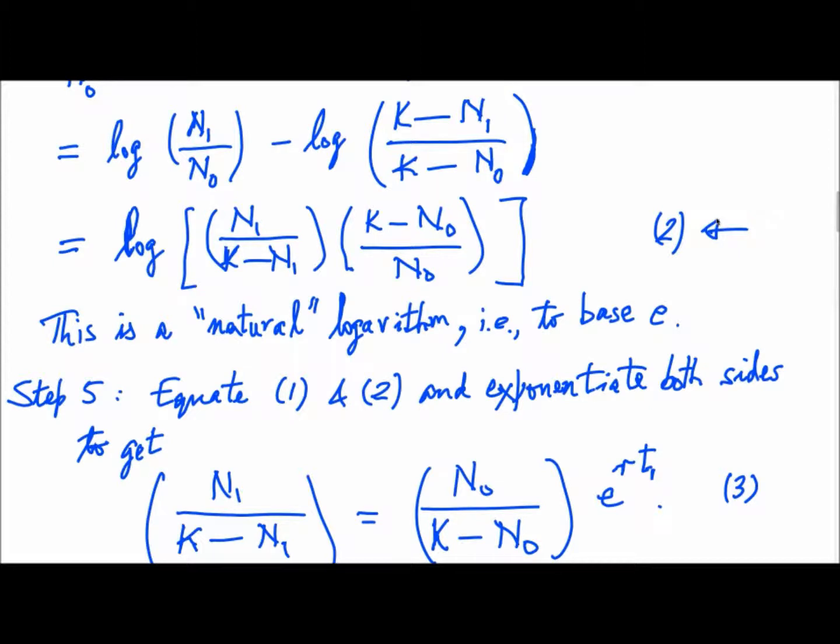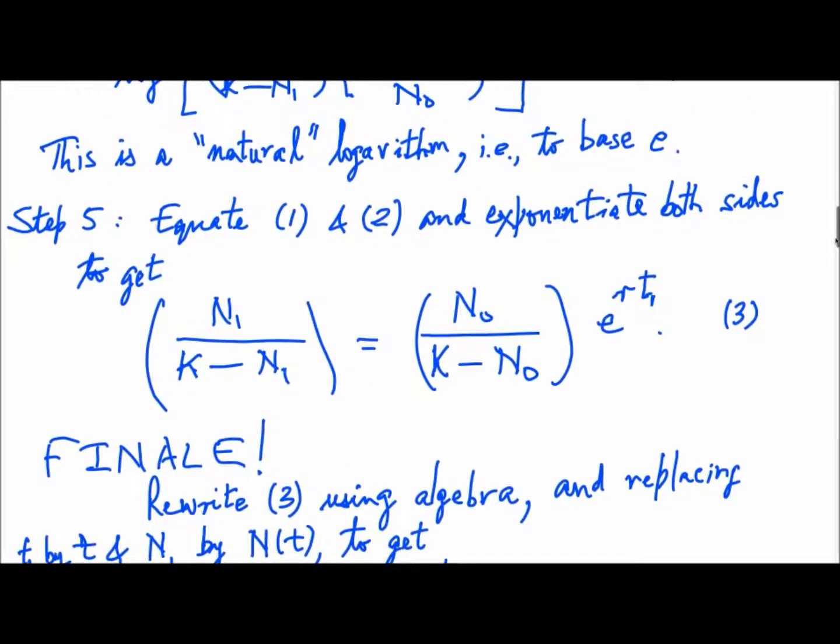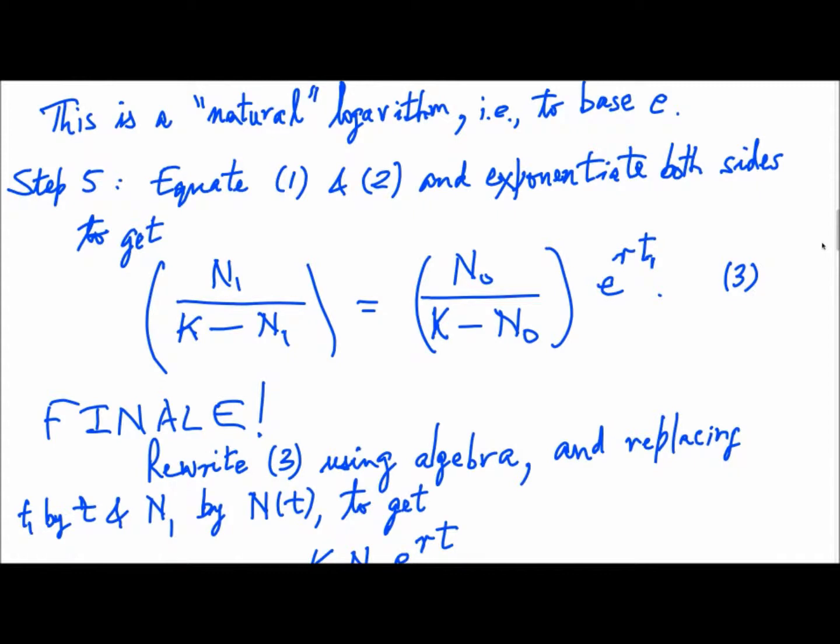We've already got the integral of the right-hand side, and the two must be equal. So we equate them and exponentiate both sides, and that gives us this expression here, which I'm going to call equation number 3.